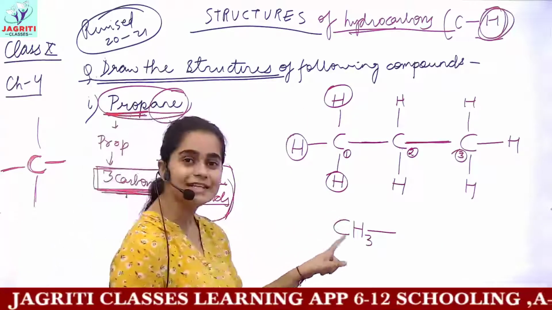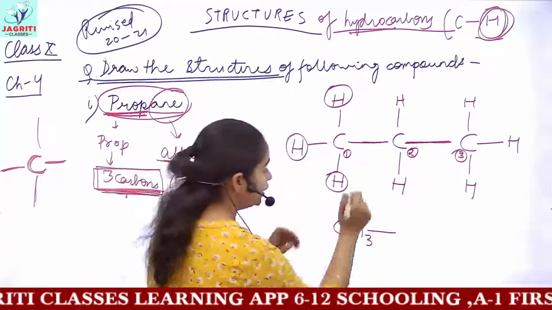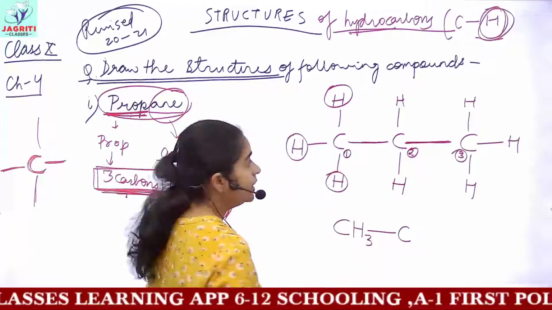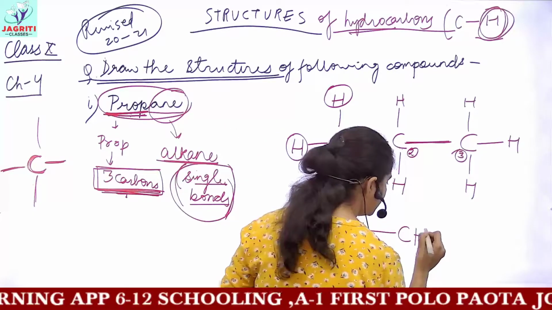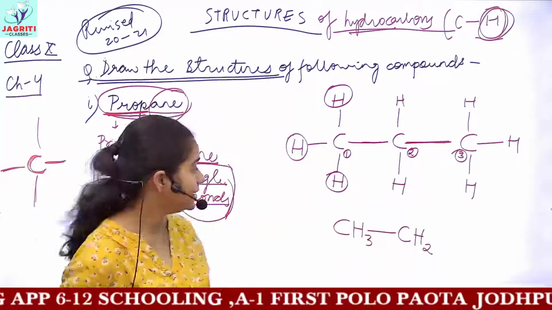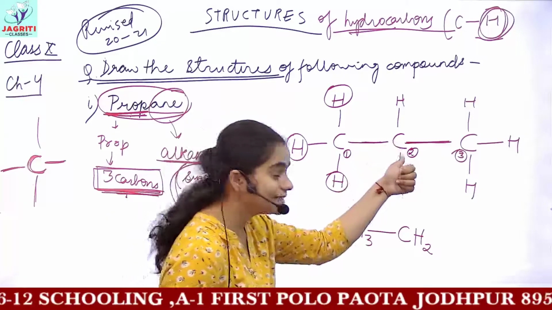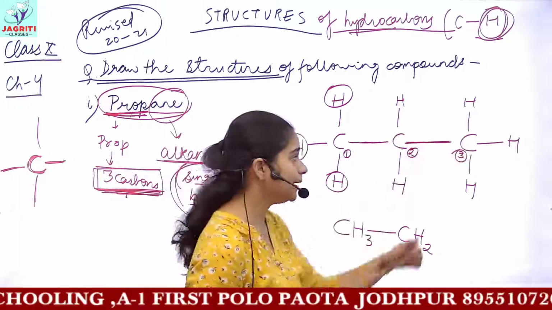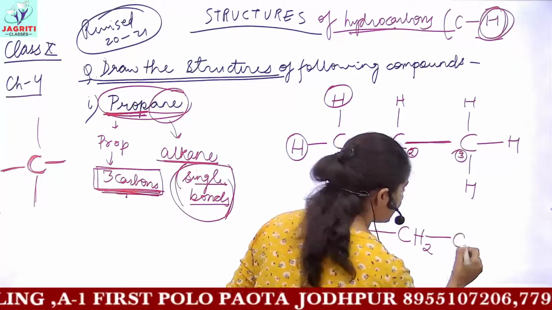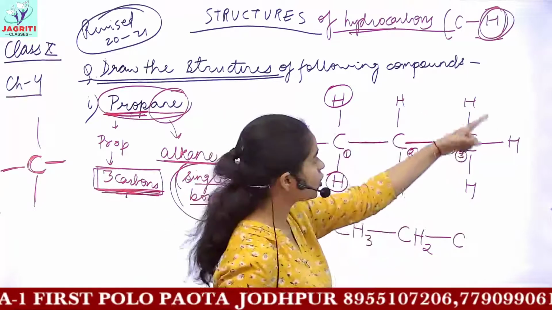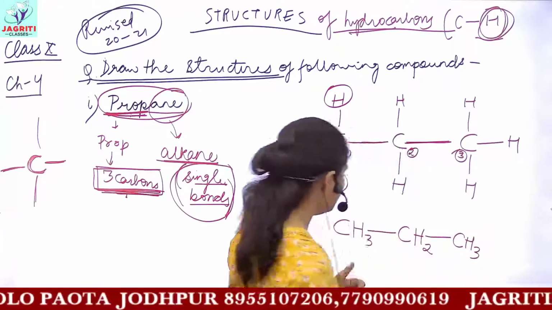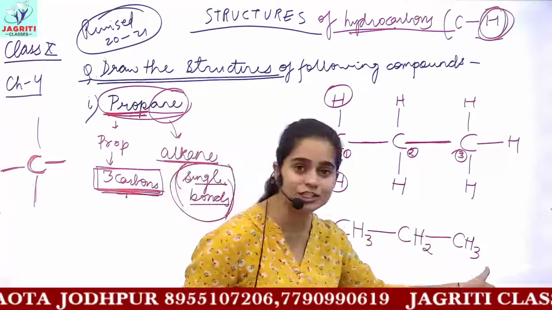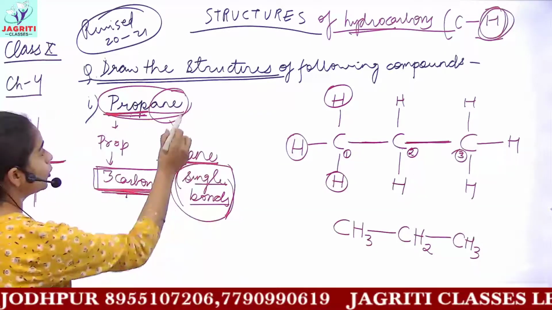I have written CH3 as a group which is joined to your carbon number two. And carbon number two has how many hydrogens? 2. So you can write CH3 bonded with CH2, and at last you have a third carbon which is joined again with 1, 2, 3 hydrogens. So you get CH3, CH2, CH3 to be the structure of propane.